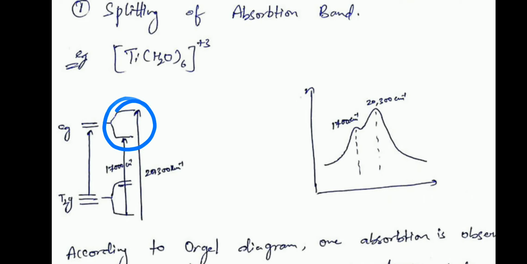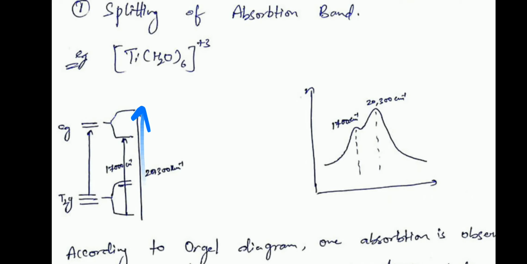Now the electron is in the lowest energy orbital. The transition of that electron can be from here to this level, or from here to this level. The energy difference to this one is less, around 17,000 centimeter inverse, whereas the energy difference to this other one is a little larger, around 20,300 centimeter inverse.